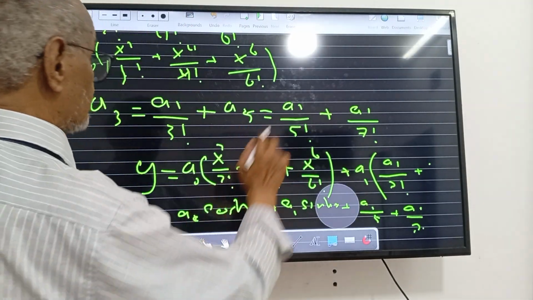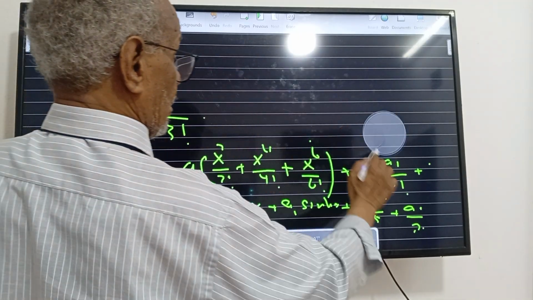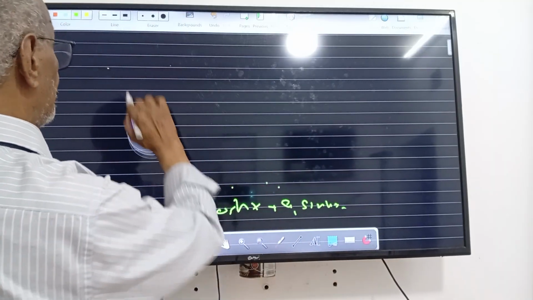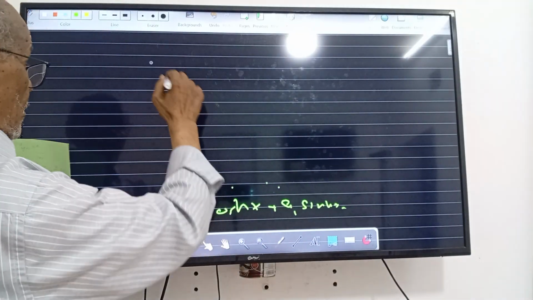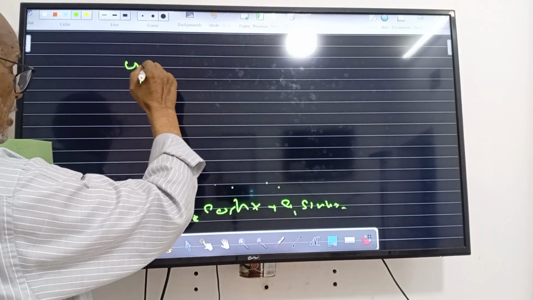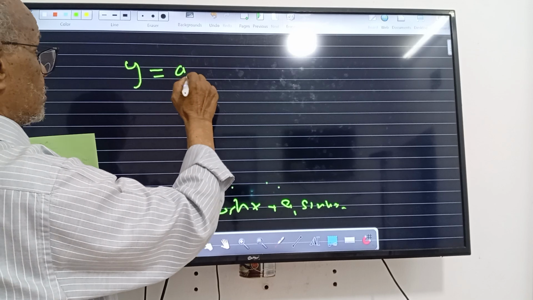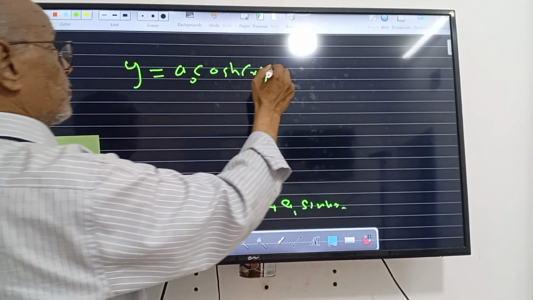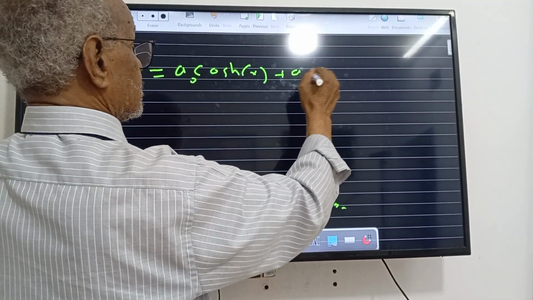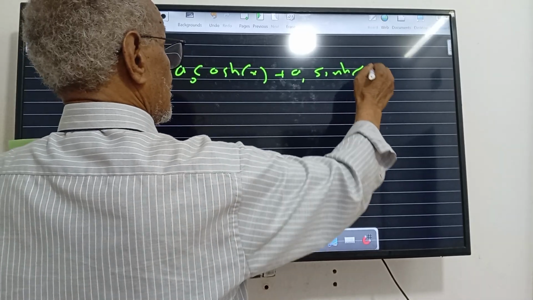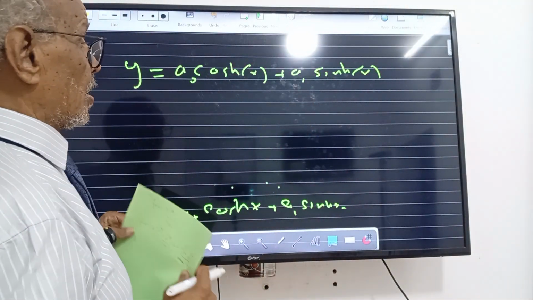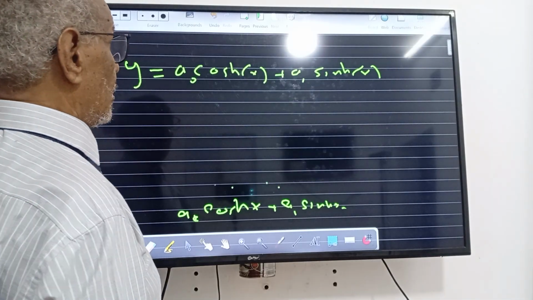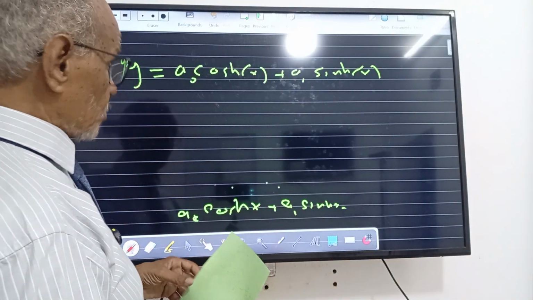And now the final answer is like that. Y equals A0 cosh x plus A1 sinh x, and these are hyperbolic functions, okay, not the circular trigonometric functions.